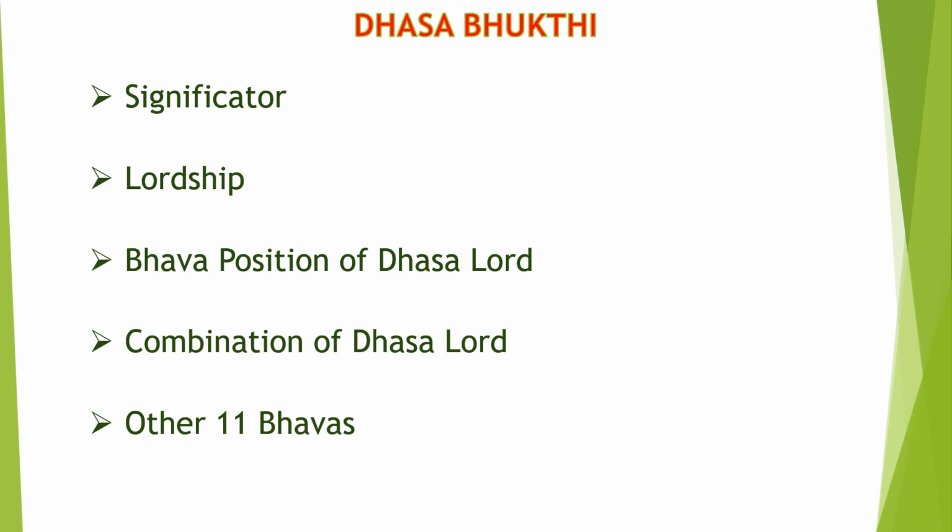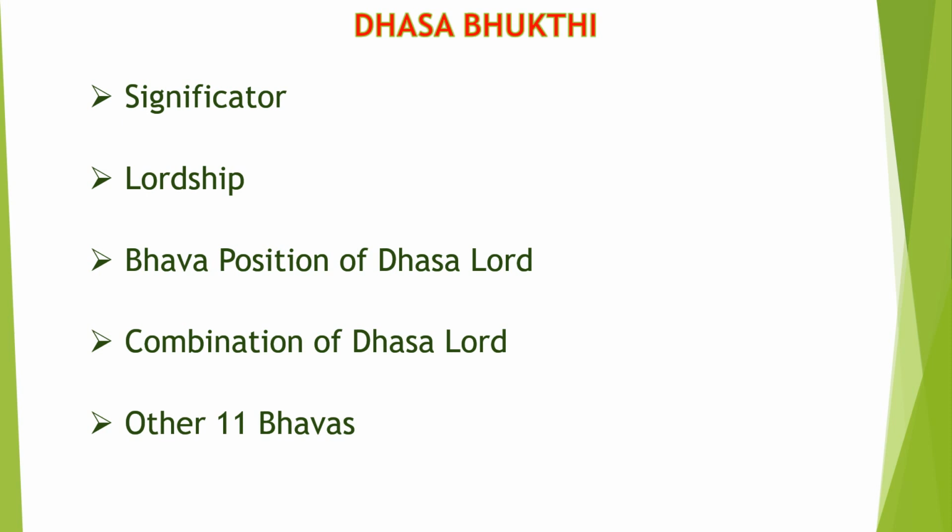And next is the bhava position of the dasa lord, that is, in which bhava the dasa lord is present. That will be the bhava through which the benefits of the significator and lordships will be enjoyed by the native.